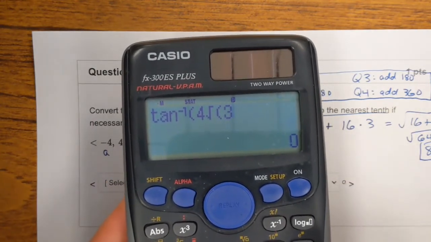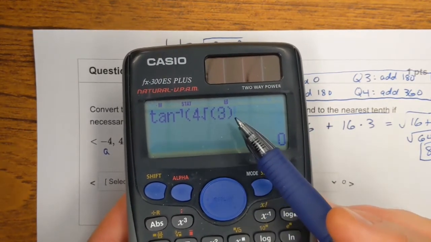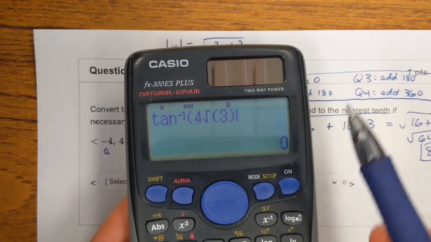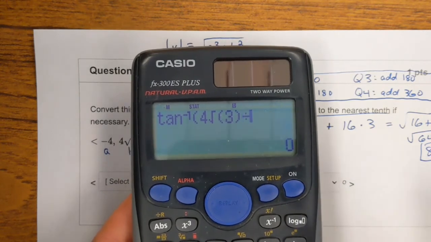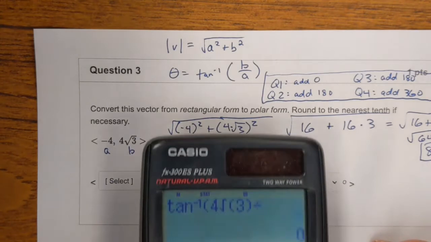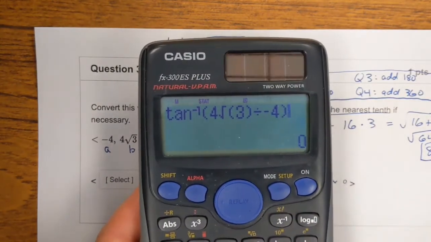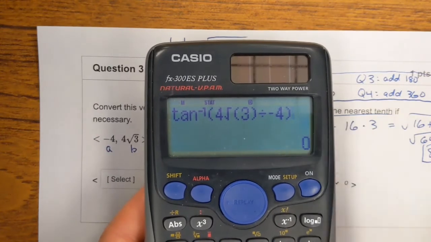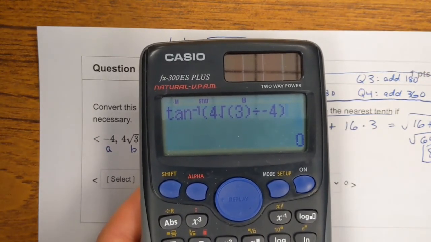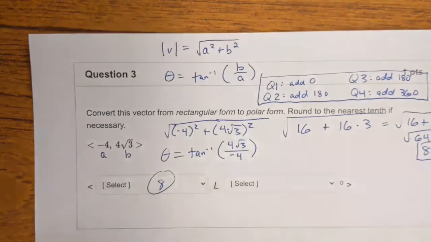A lot of calculators will give you a parenthesis after the square root. I need to close off the parenthesis for my square root, but I need to make sure I don't close off the parenthesis for the inverse tangent yet. So the 4 radical 3 goes on the top, the negative 4 goes on the bottom, and then I can close out my parenthesis for the tangent. Make sure you're in degree mode for this. So it comes out to negative 60 degrees.